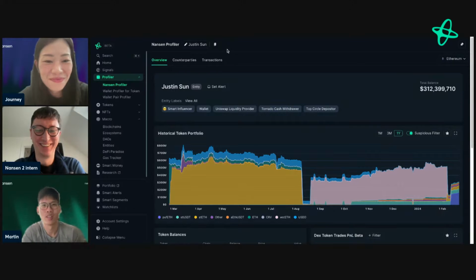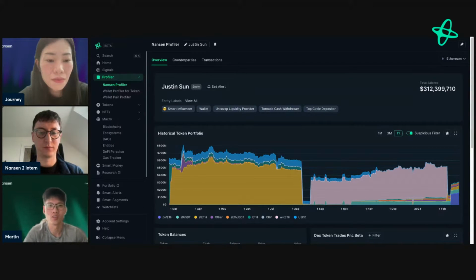To me, that's the biggest advantage of smart alerts: you don't need to know the wallets you want to look at. You just need to know who you want to find or what entity you want to look at, and then leverage our labels.